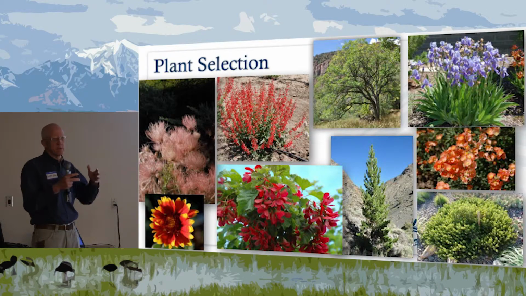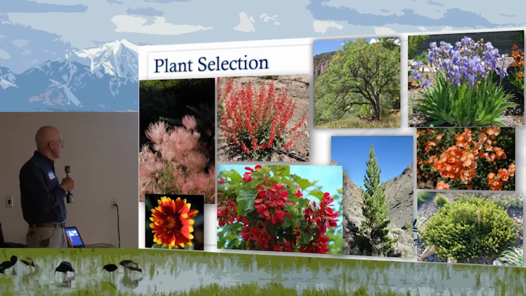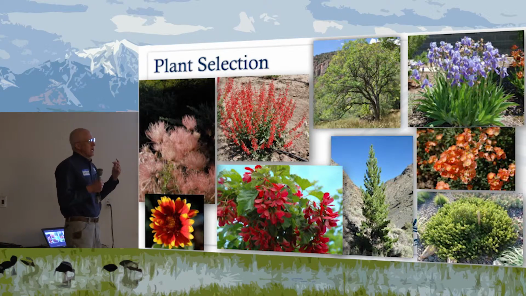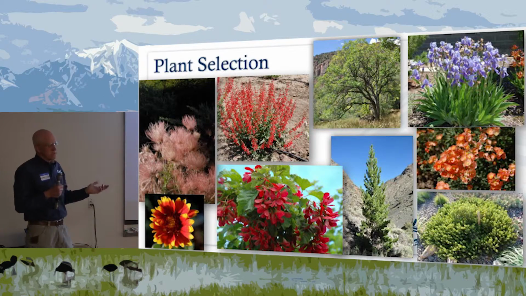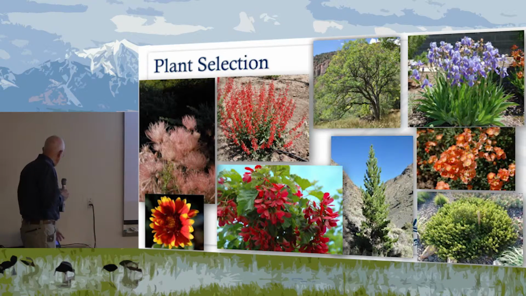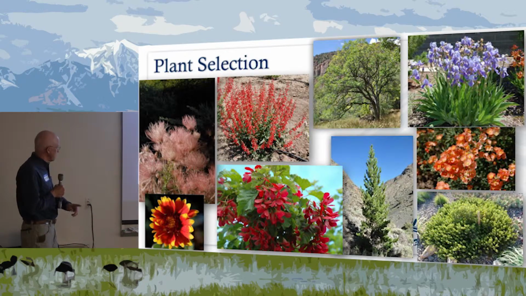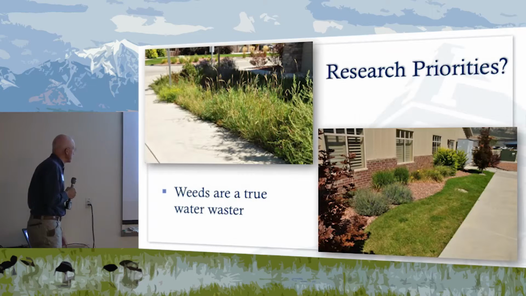But we can put them into these broad categories, as Roger mentioned, and be able to use them in landscaping and use them to save water. I think there's some other things that we need to look at as well, and that's what I'd like to go through, and I hope to get some feedback as we go into the discussion portion.